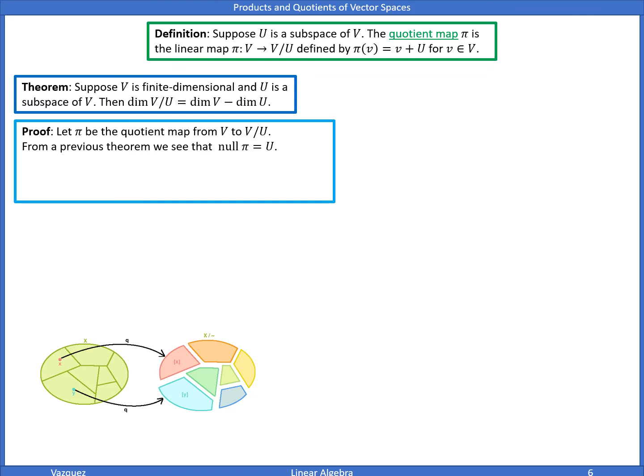Well, if you put v as the zero vector, we get U, right? That the null space of the mapping is U. And when I say from a previous theorem, again, I'm referring back not to showing that the quotient space is a vector space, but the one before that where we had A implies B implies C.